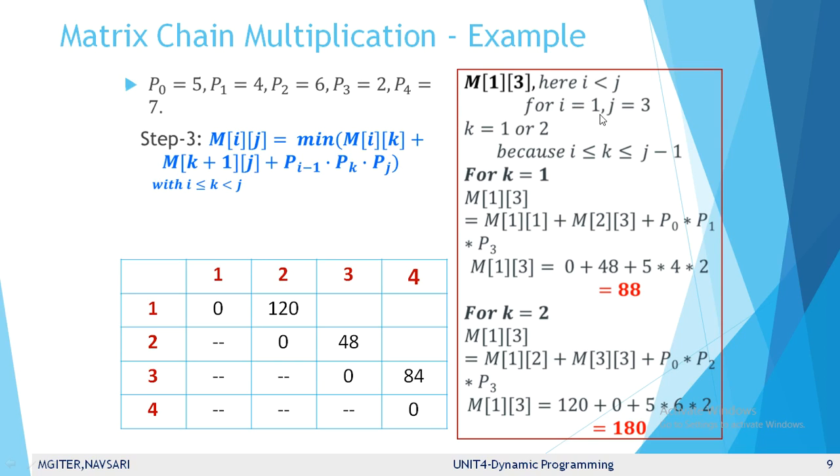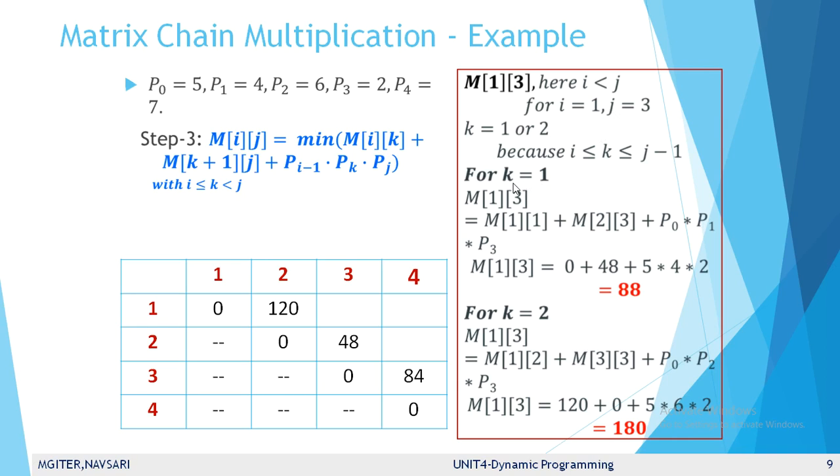For i equal to 1, j equal to 3, the value of k: i is lesser or equal to k and k is less than j. So the value of k is equal to 1 or 2 for j equal to 3.